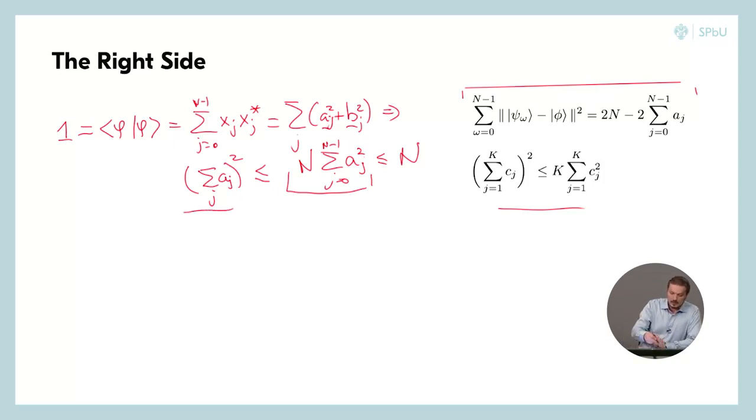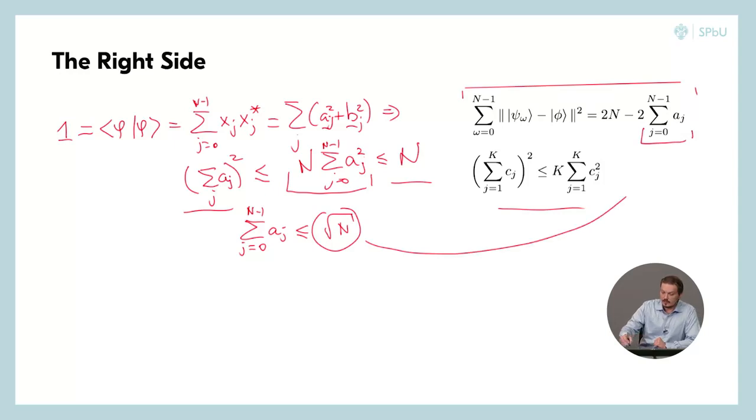And this gives us that the sum of aj over all j is less or equal than the square root of n. So we can, instead of this here, place this square root, and as you remember, we will get this right side of the inequality.